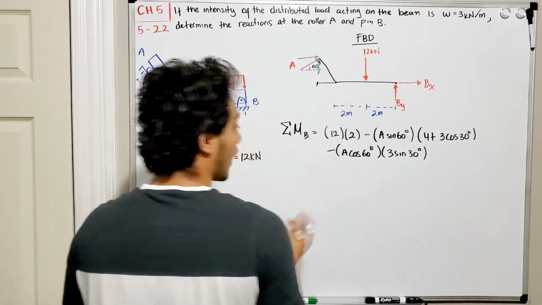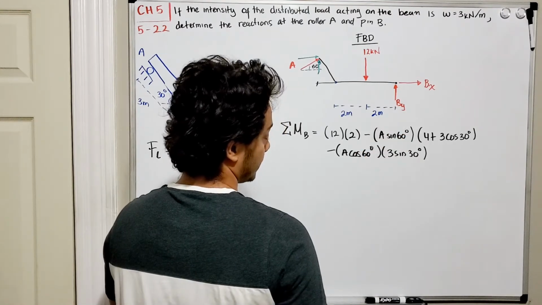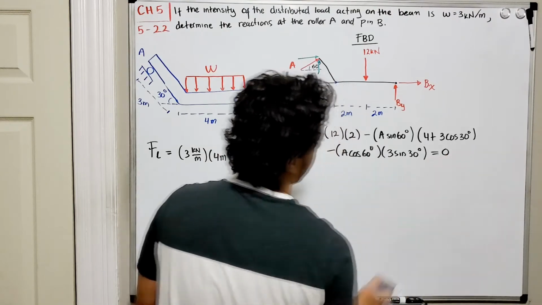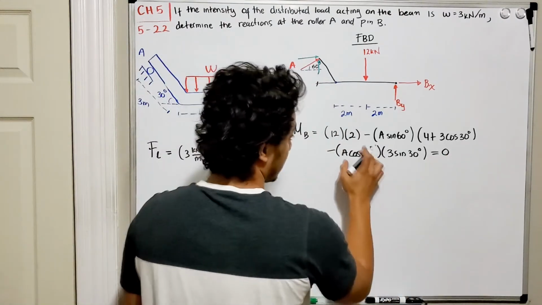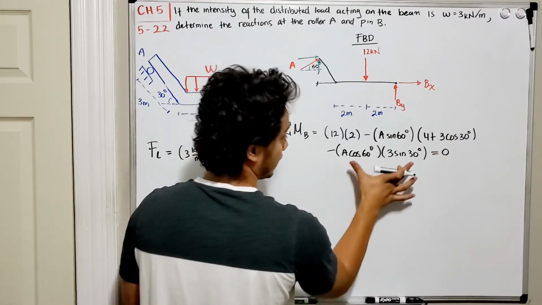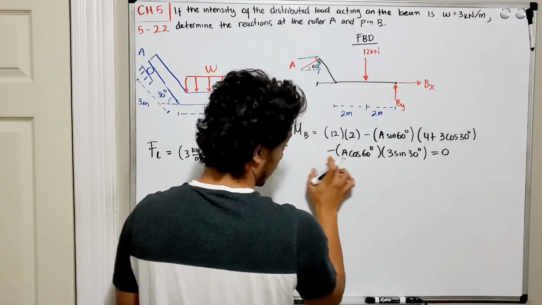Okay? Now, the only unknown that I have is this A over here. And all this should be equal to 0. Let's not forget about that. So if I pass this whole term to the other side, it will become positive, and if I pass this other whole term to the other side, it is going to become positive.